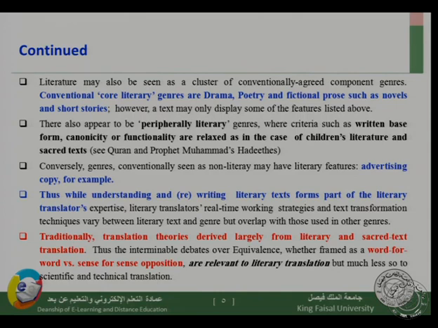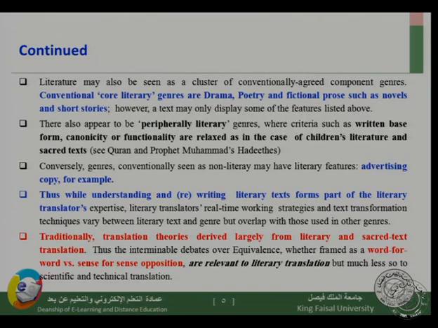There are some other types of text, not literary in the real sense, but they have some kind of images that make you feel there is some kind of literature about it, like advertising. It's non-literary, but it has some literary features. Traditionally, translation theories derived largely from literary and sacred text translation.